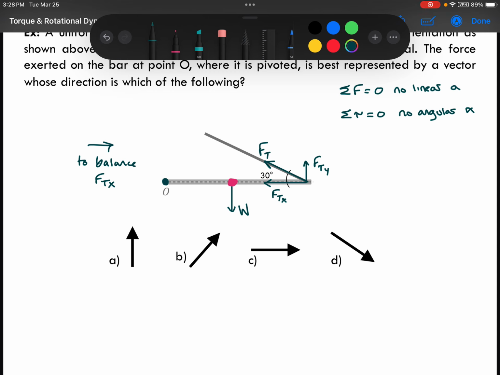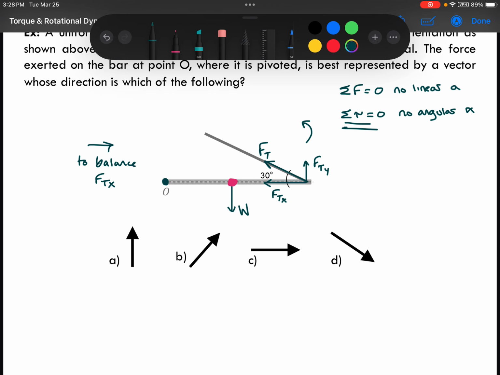If we do that, we see that on this right-hand side, we have Fty up, which would cause our rod to start rotating counterclockwise. But again, we don't want it to rotate. We need it to be in rotational equilibrium. We need the net torque to be 0.